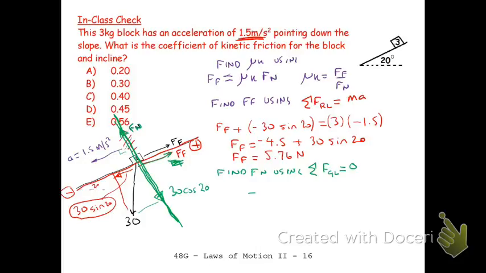And I go plus Fn added to minus 30 cosine 20 equals 0. So Fn is equal to 30 cosine 20, which is equal to 28.19.